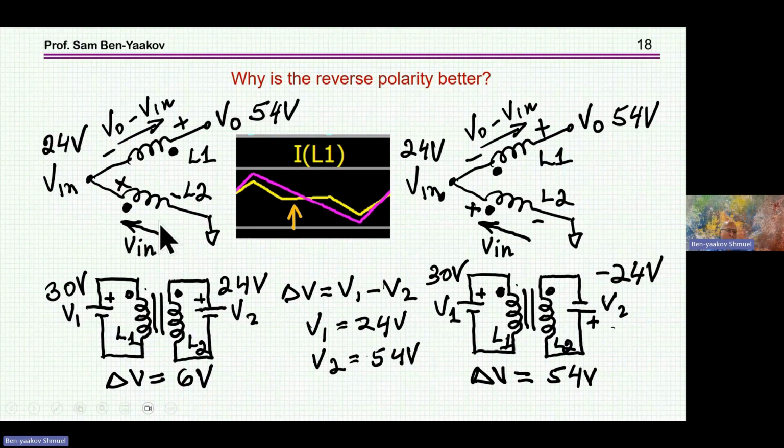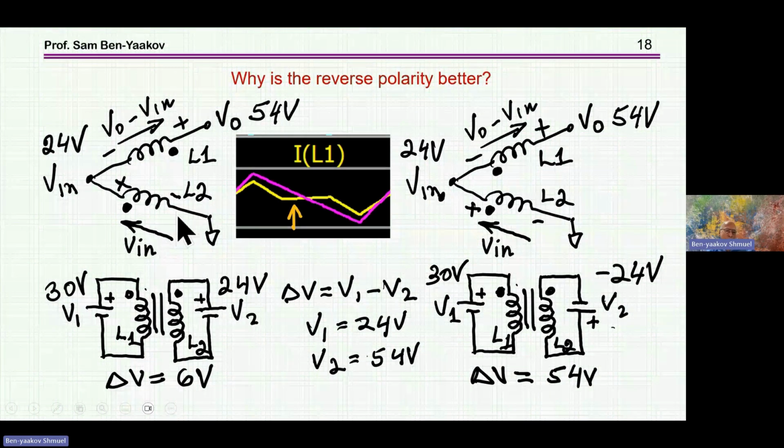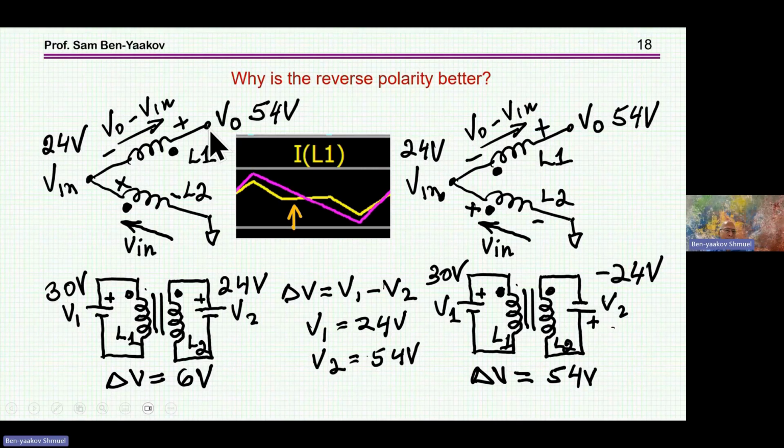So what I did here, I looked at one particular point, which is the important one. This is actually this section here, in which one transistor is shorted, and on the other side, the diode is conducting. And these are just arbitrary numbers, just for demonstration. I'm assuming 24 volts at the input and 54 volts at the output.